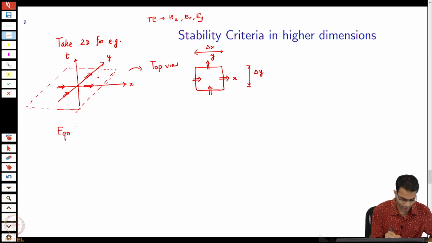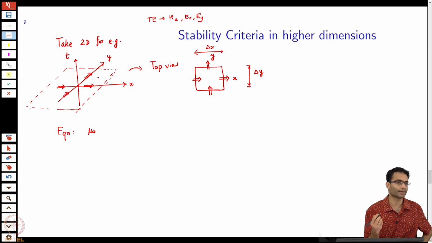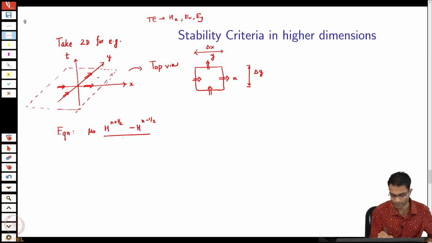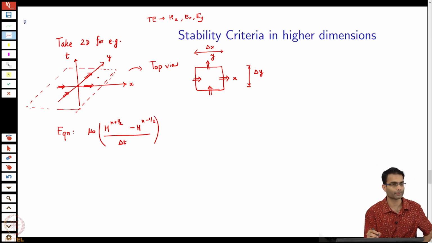Okay, so let's write down this equation. So mu naught, so dB by dt, right? That's the first thing. So that's mu naught H. So H n plus half minus H n minus half divided by delta t. That's my dB by dt.